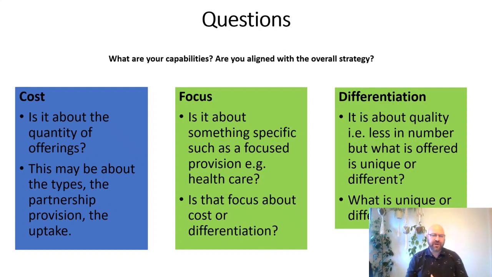So let's go through these 3 categories: cost, focus, differentiation. Cost. Is it about the quantity of offerings that you are offering? This may be in terms of the types. You want to offer all of the work integrated learning types that are out there: internships, placements, practicums, etc., etc. Or is it about the partnership provision? You want to cover every single industry that's out there, from startups and small, medium enterprises right the way through to multinationals.